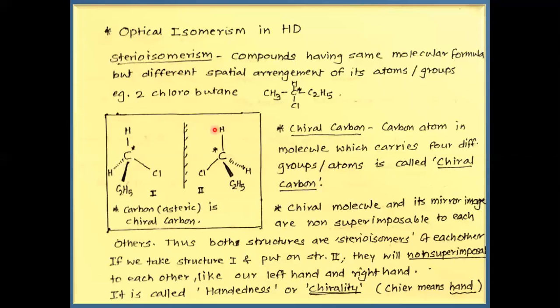But in chiral compounds, the first structure is non-superimposable with the second structure, its mirror image. If we take structure 1 and put it on structure 2, they are non-superimposable.